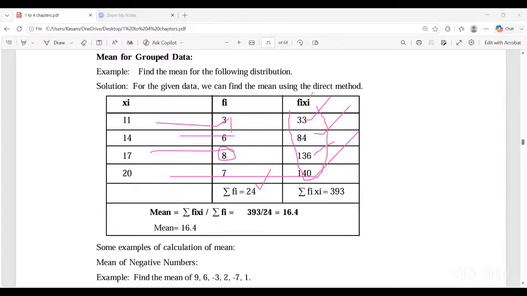You have to check this total 393, correct or not? Correct, sir. So the formula is 393 by 24, that is 16.4.